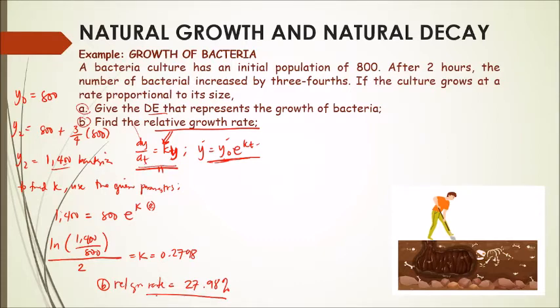And if relative growth rate, it's the percentage. So now, our DE, our A here, the answer is dy over dt equal to 0.2798y. So, we have A and B answered.